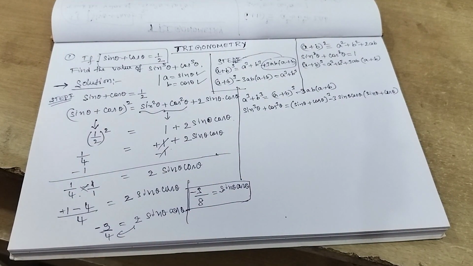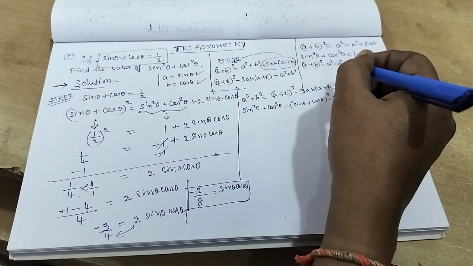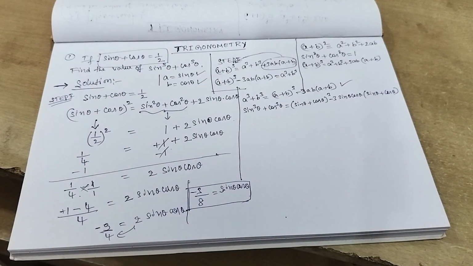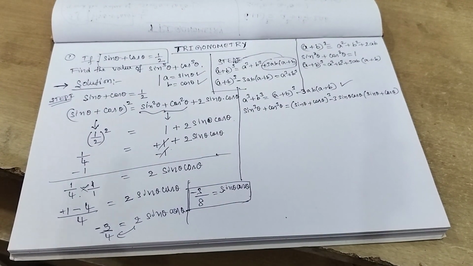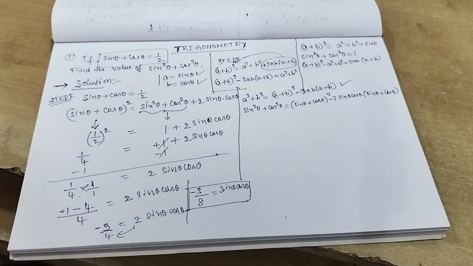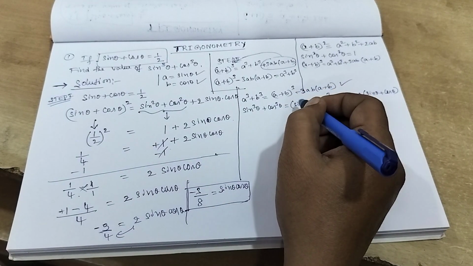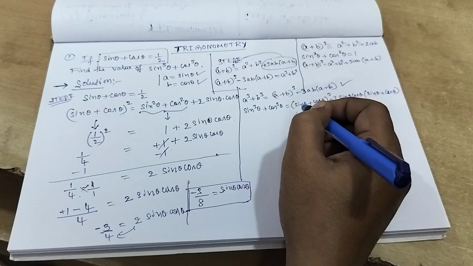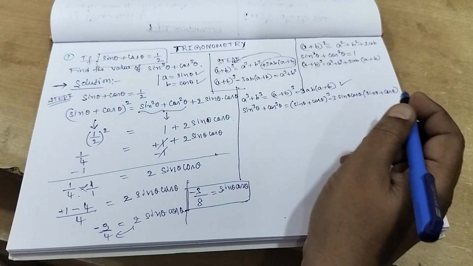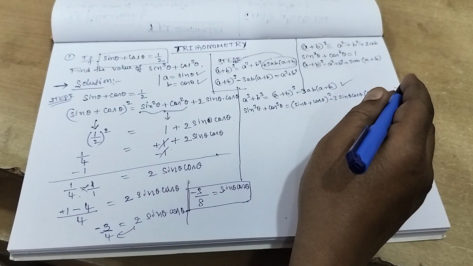So I hope this step is clear to you. In this step you can see the check mark, the identity I have reshuffled, and I am replacing a and b with sine theta and cos theta as per the same identity formula, so we get the equation like this.